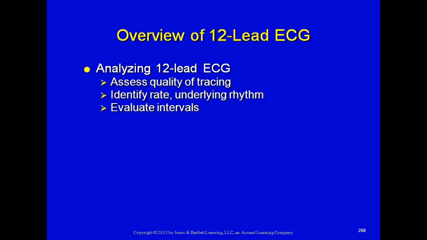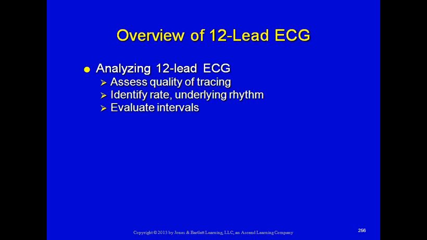Then the other thing that we need to do, which isn't mentioned here, is that we need to look at the QRS. If the QRS is wide in any one of those 12 leads, wider than 3 small squares, as typically we'll see with a bundle branch block, then under normal circumstances that wide QRS makes that 12 lead uninterpretable.